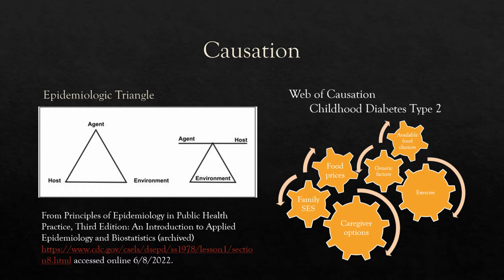When we stopped having as much issue with yellow fever and malaria in this country and moved towards heart attacks and congestive heart failure and diabetes killing people, we had to start changing the model. But the model initially was, if you think about malaria, agent, host, environment.